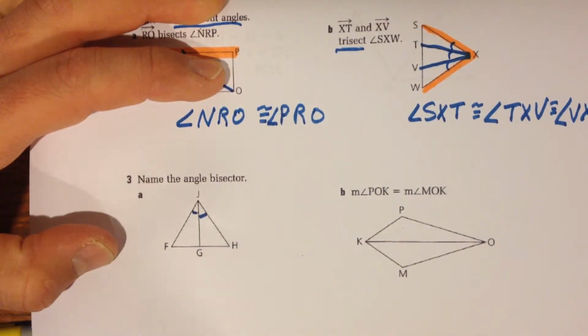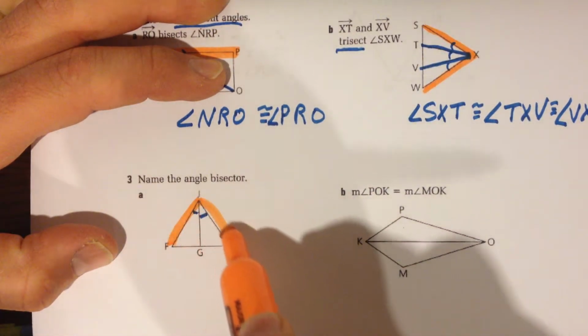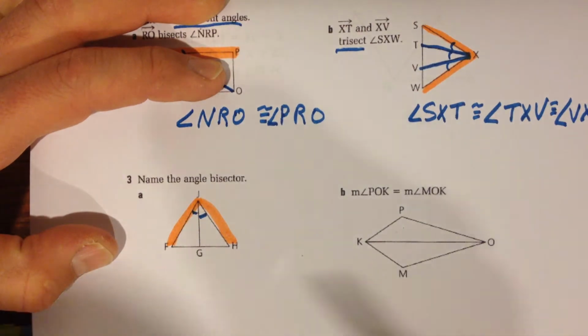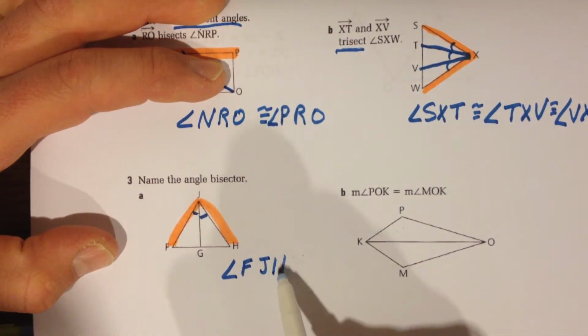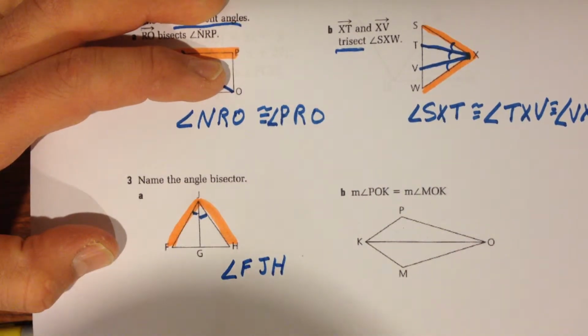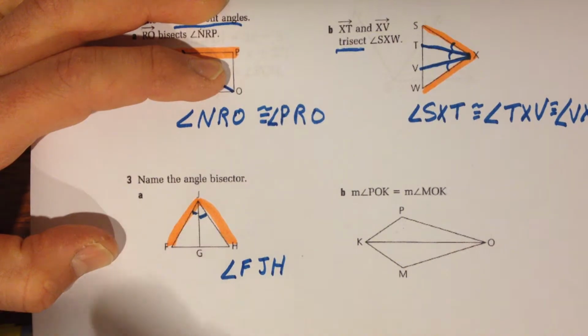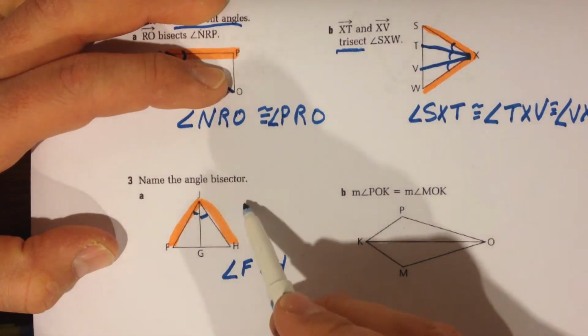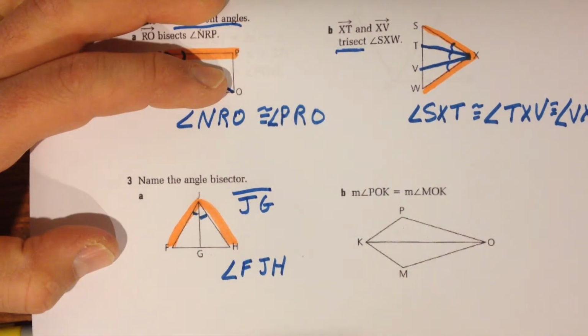So the big angle FJH must have been bisected. If it's two equal parts, it means it's bisected by which segment? The angle bisector is JG.